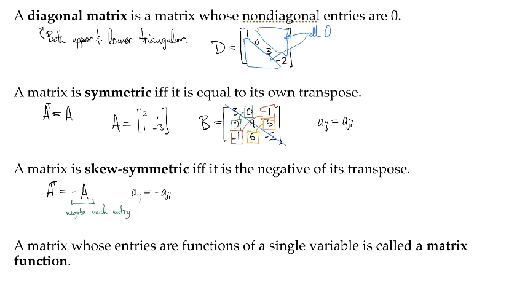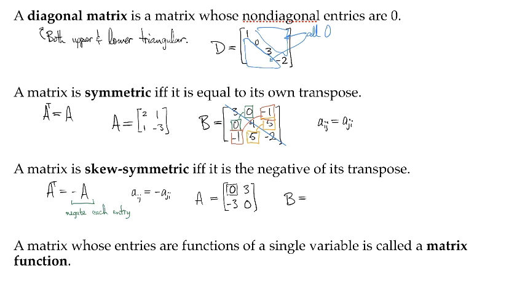Okay, so for an example of a skew symmetric 2 by 2, let's see. What should we have for the first entry here? This is going to be the same as the corresponding entry of the transpose, right? The 1,1 entry of A will be the 1,1 entry of the transpose. But the rule is that the 1,1 entry should be equal to the negative of the 1,1 entry. The only number which is its own negative is 0. So this has to be a 0, and same for the one down here. And then if I put, say, a 3 here, then this would have to be a minus 3 down here.